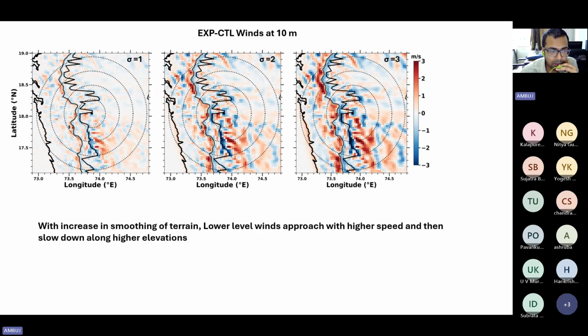Again, with an increase in smoothing of terrain, lower level winds are becoming stronger and approach with higher speed, but they slow down along higher elevations. These variations are noted here.